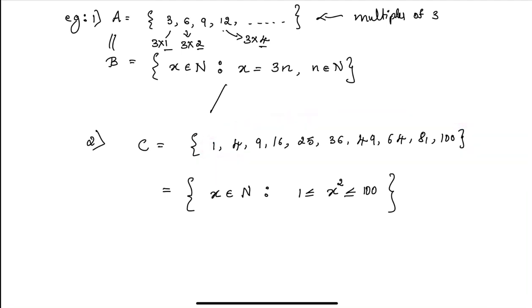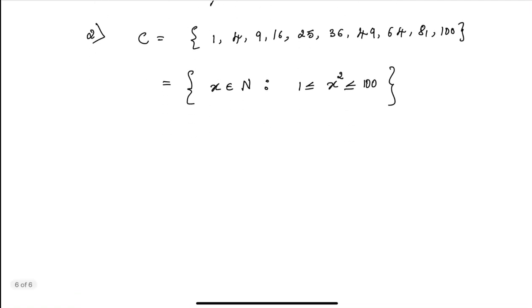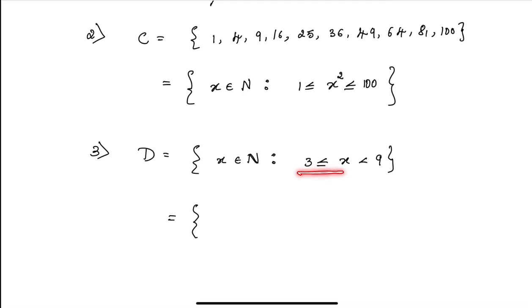Similarly, you can convert some set builder forms to roster form. For example, suppose I collect the numbers x belonging to natural numbers such that, now can you list this? It is simple. The numbers between 3 and 9. Here we can see that 3 is included but 9 is not.